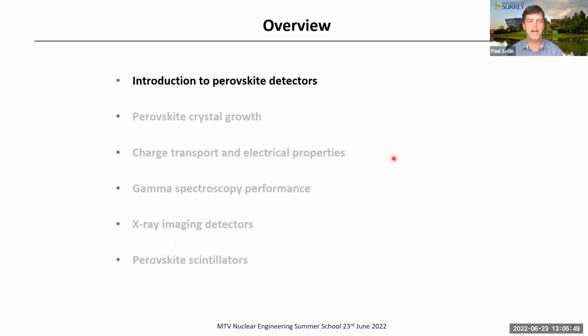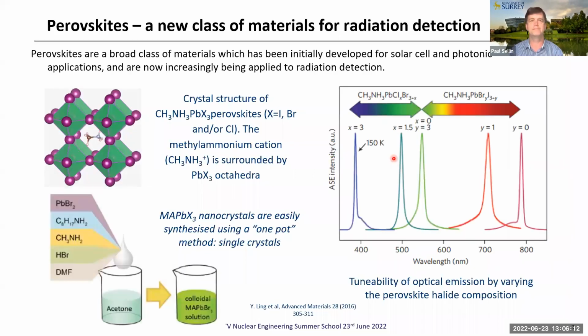And then we're going to look at X-ray imaging, which is another application area that's very interesting for perovskites. And last but not least, we're going to talk about how perovskites can operate in a dual mode. These materials also have good scintillation properties. And so this makes it a fascinating material system, because we can either go for a charge-based detector or a scintillating-based detector. So let's introduce them in a bit more detail.